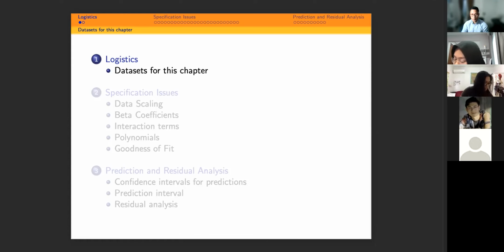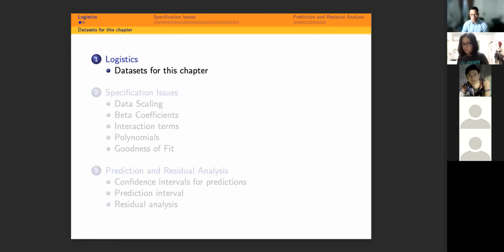At the end, I will discuss prediction and residual analysis, in particular confidence intervals for predictions, prediction interval, as well as residual analysis.